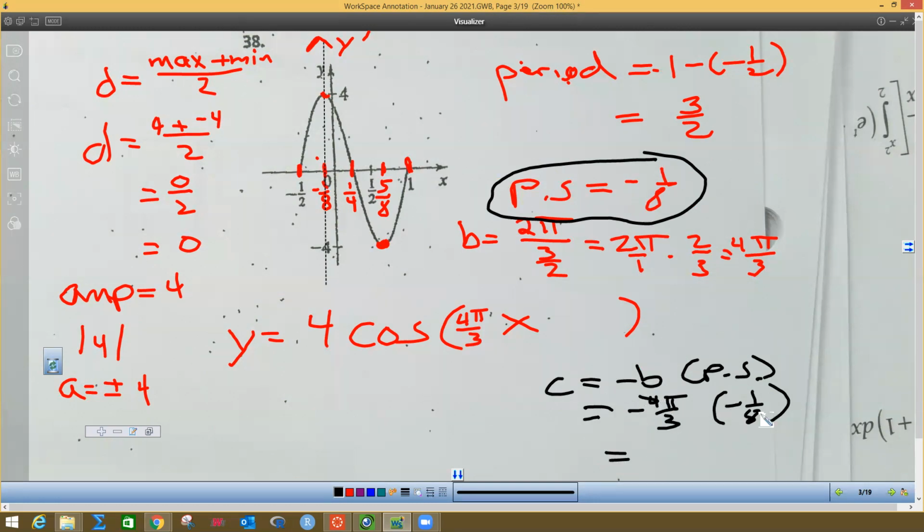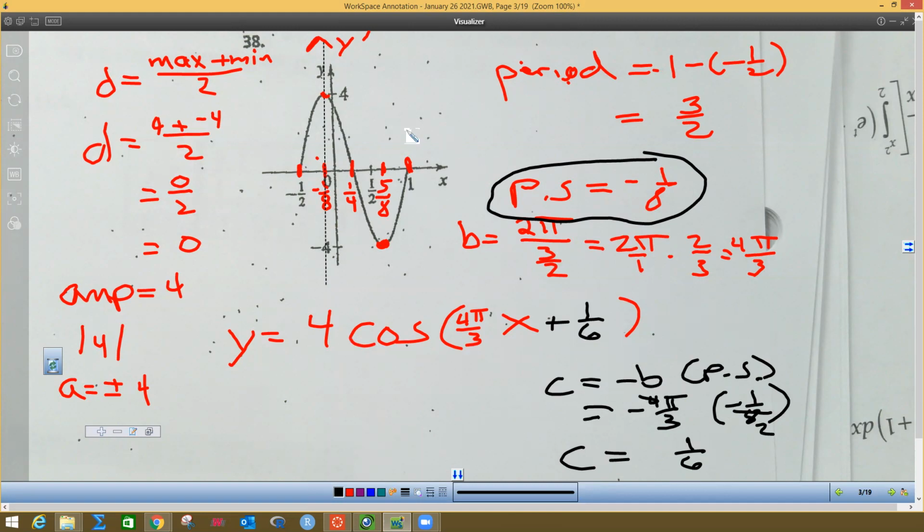This 4 will reduce with that 8 to a 2. So when I multiply straight across, I get 1/6. There's my C. So I put plus 1/6 in here for my C. We already said way over here that D was 0. So you can put plus 0 out there if you want, or you just leave it like that. So there's the cosine equation.